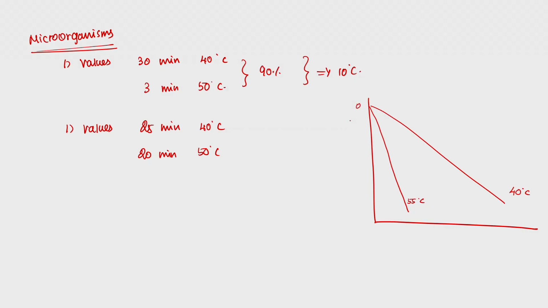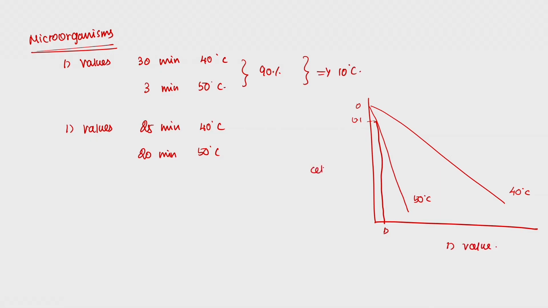So if I take 1 log reduction 0.1, so what happens is, sorry, this is 50 degree, right. So 1 log reduction is something 0.1. So I have D value. So this is nothing but I am talking about D value.